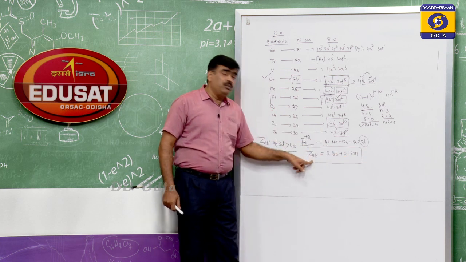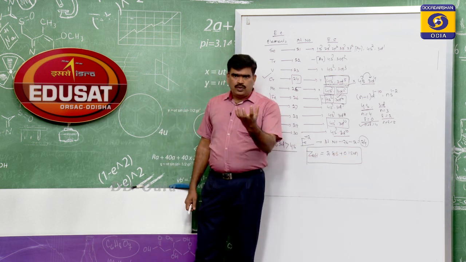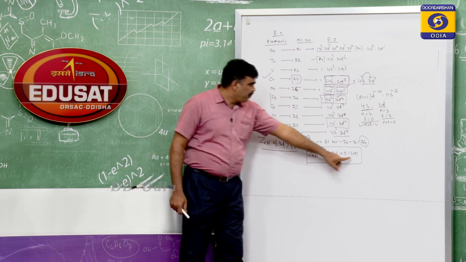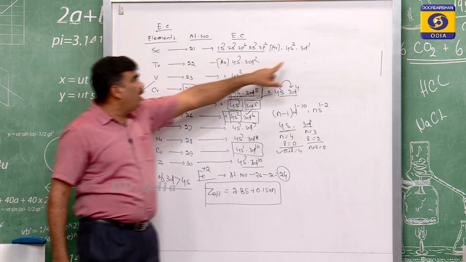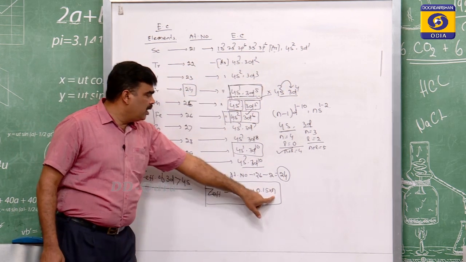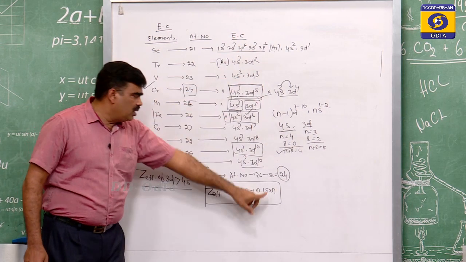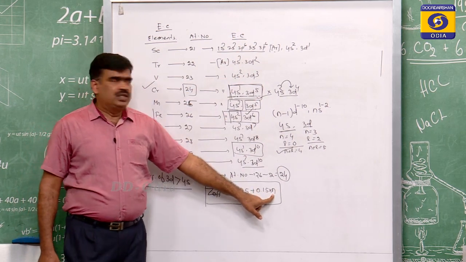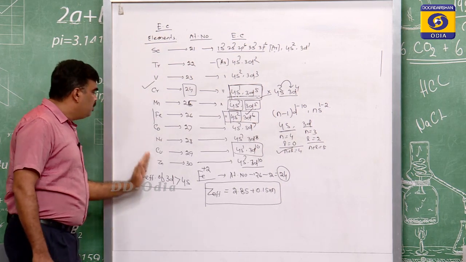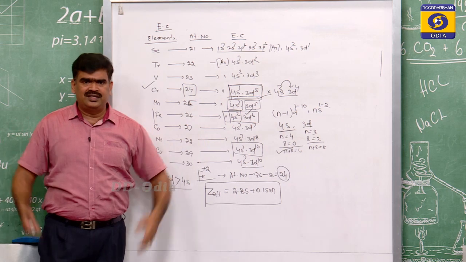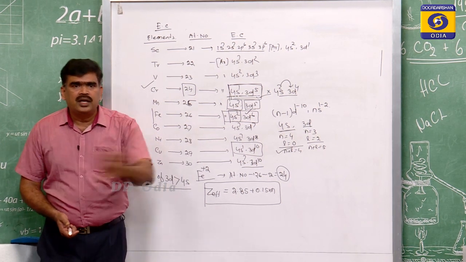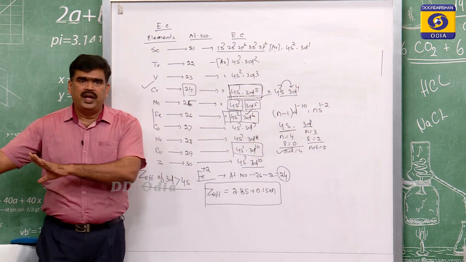If effective nuclear charge increases, the valence electrons will be strongly attracted towards the nucleus. In case of scandium, you have only one d electron, n is 1, and in case of titanium n is 2, and in this way if you put the different values of n, the effective nuclear charge gradually increases from scandium to zinc. So, size should decrease, but size does not decrease from starting to end.